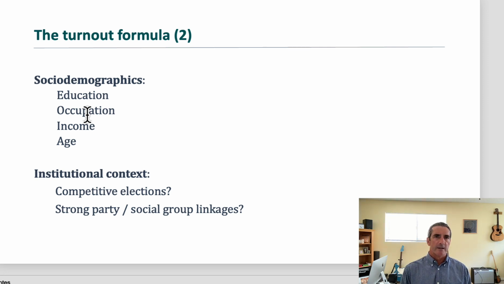People who are more educated have a better understanding of how the system works. People who have a higher occupation level and greater income probably feel more invested in the system, probably feel more at stake in terms of their wealth and the taxes they pay and what the system does.